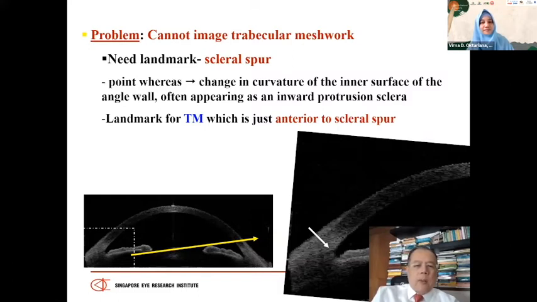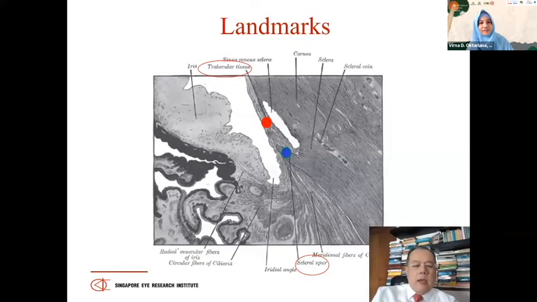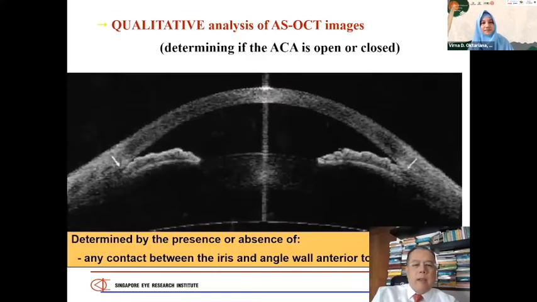The scleral spur is found by following the inner contour of the cornea and the inner contour of the sclera, and they meet here at the scleral spur where the arrow is. And the trabecular meshwork just lies just anterior to the scleral spur. And here you can see the anatomy here, where the scleral spur lies posterior to the trabecular meshwork in red.